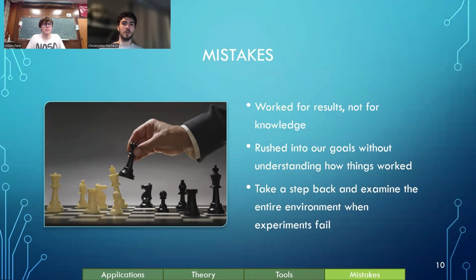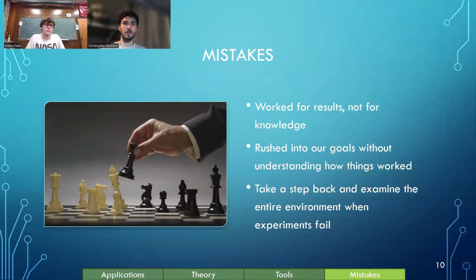We rushed into our goals. We didn't take a break. We didn't stop and learn about the theory and learn about all of our materials and all of our tools. We just didn't understand what was supposed to happen when we set up each of our circuits. And so that led us to waste a lot of time and not be efficient.